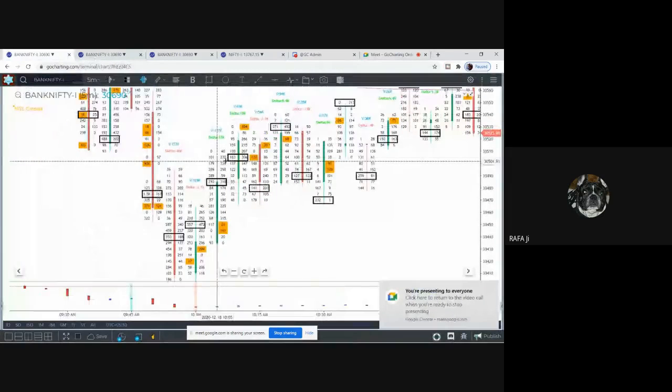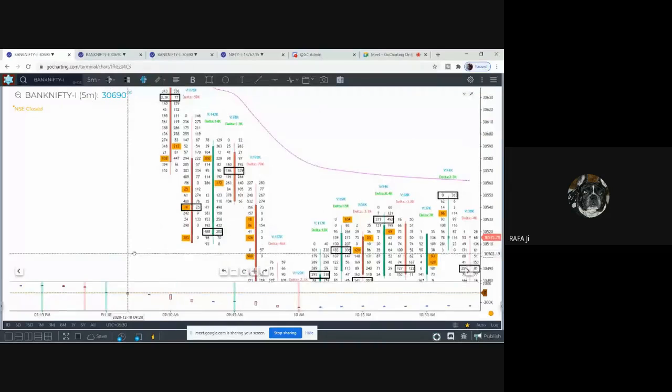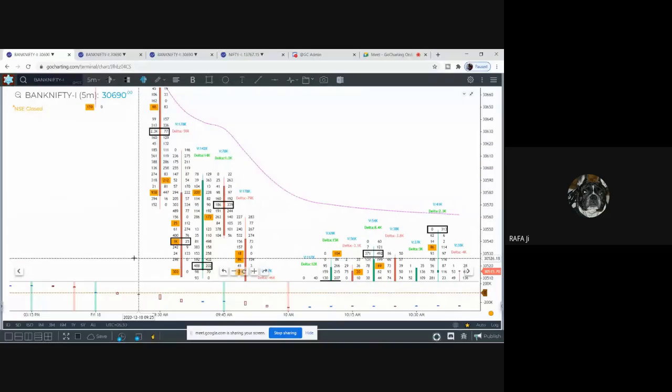Now, as you can read in the article as well, divergence is nothing but, in layman's terms, something which should be and isn't. So if the price is moving up very aggressively, but the delta, which is nothing but the market buy or sell orders, is not moving in conjunction with the move upwards or downwards.